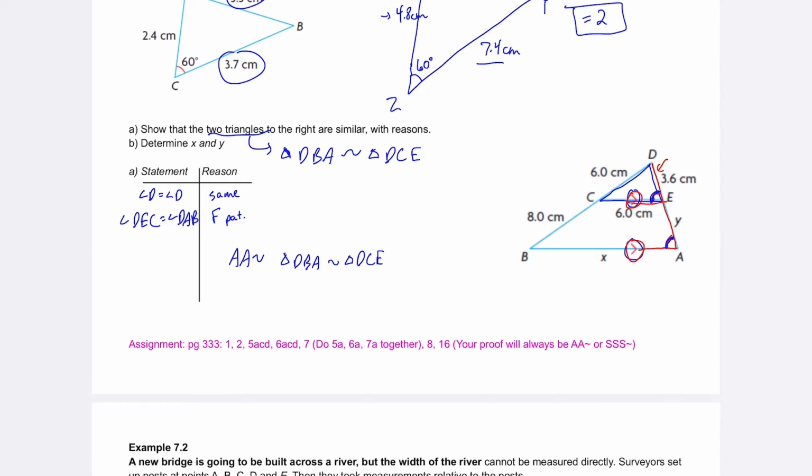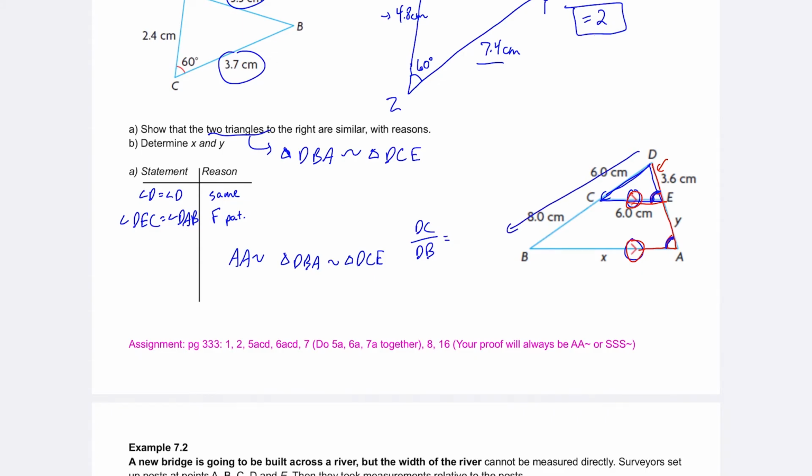Well, this tells us that there is a scale factor that relates these two triangles to each other. Now we just need to figure out what is that scale factor. So I want to look specifically at DC over DB. So this short length right here over the longer length right there.